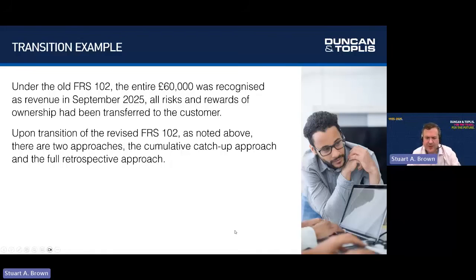So currently, in most cases, it's not always the case, but in most cases you could recognise the £60,000 immediately in full in September, because you would say that all risks and rewards of ownership have been transferred. So upon transition of the revised FRS 102, you can take two approaches. We'll just quickly run through both of those different approaches in this example.